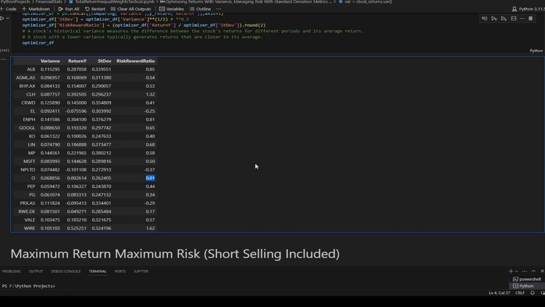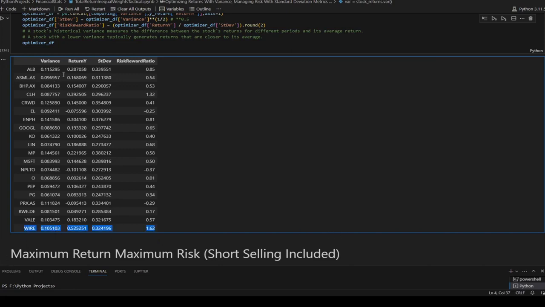Now, there are better ways to do this. You can use the efficient frontier and there are other ways to do this. But the problem is that the computer is always going to give you the results based on what you give to the computer. So if, for example, this company has a return of 300% and all the other stocks in your portfolio only have 20%, it could suggest allocating 30% to Wire.